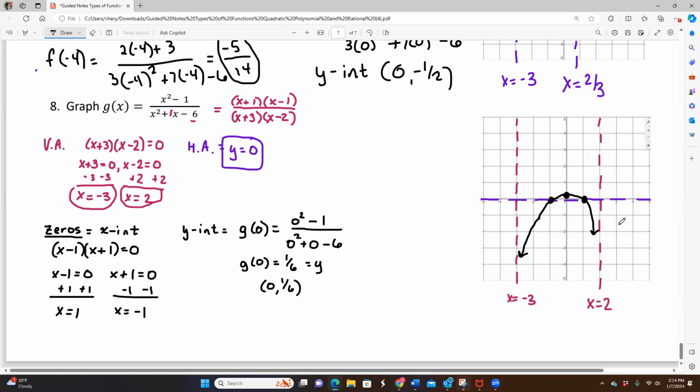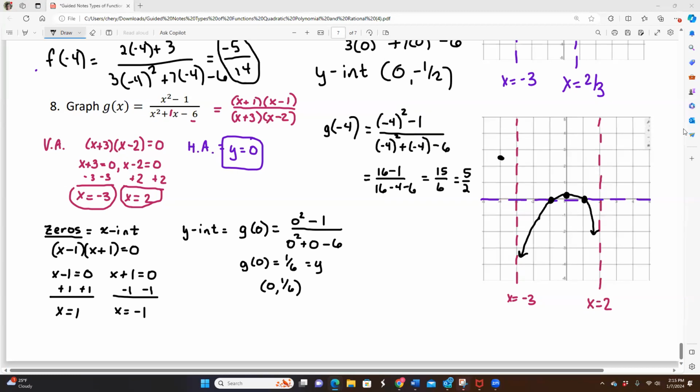So this is where we substitute points in. Maybe we'll substitute a point back here like negative 4. So go ahead and find g of negative 4. Substituting in negative 4, we get 5/2, which is the same as 2.5.